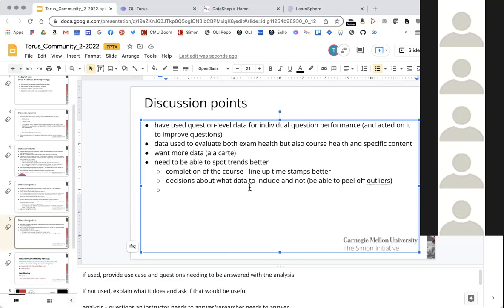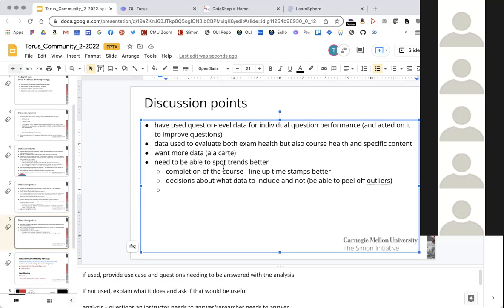But you had a couple things in that description, being able to spot trends better around a number of things. Course completion, of course, is your big one. We need to see that. It's really something that comes up daily.